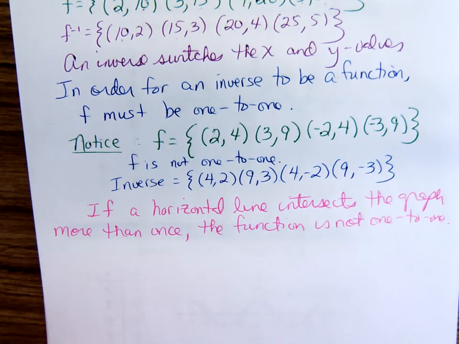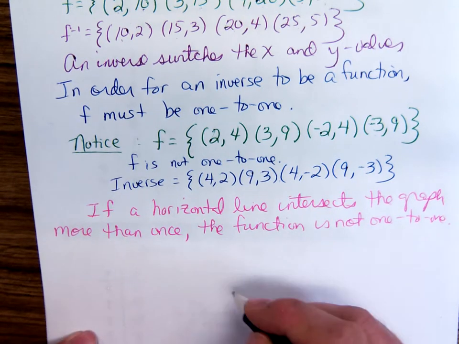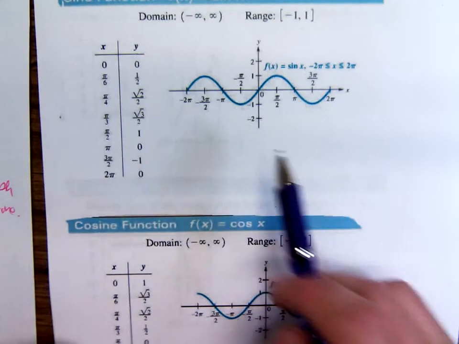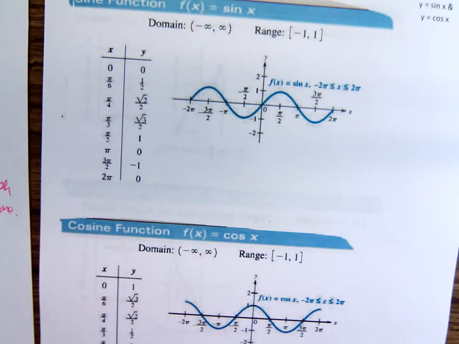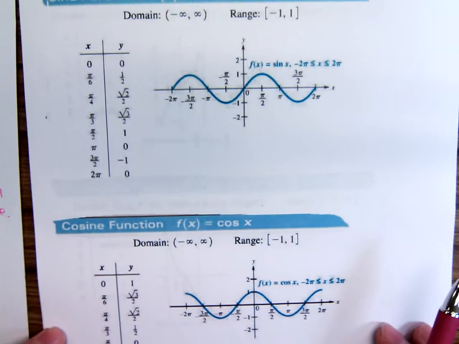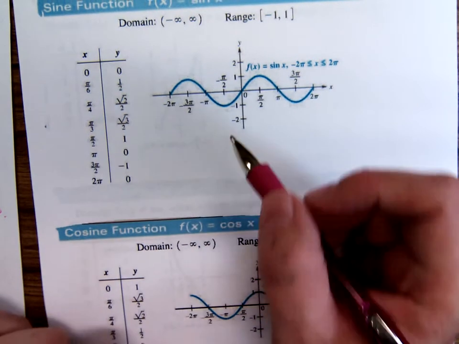If we look at the graph of a sine curve right here, is this 1 to 1? It's certainly a function. All the trig functions are functions, but is it 1 to 1? Let's look here.